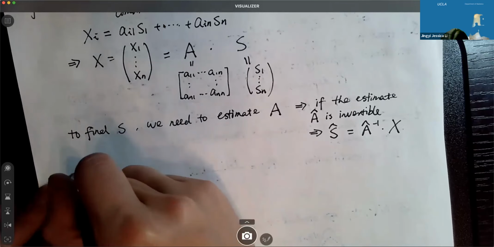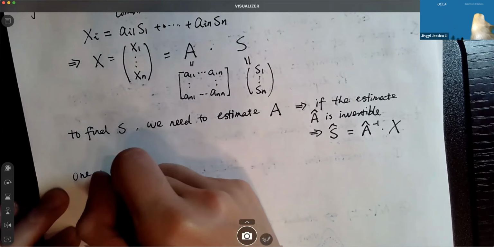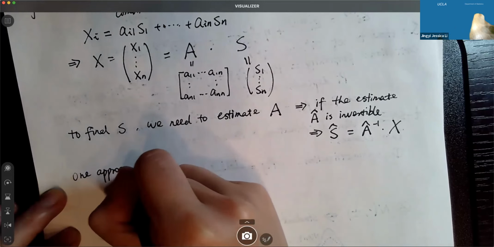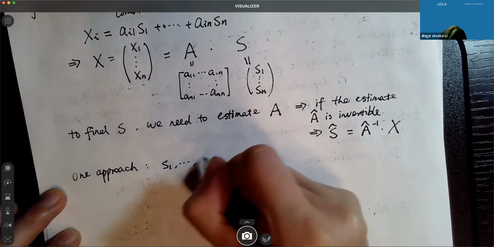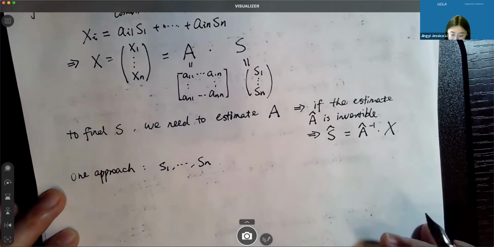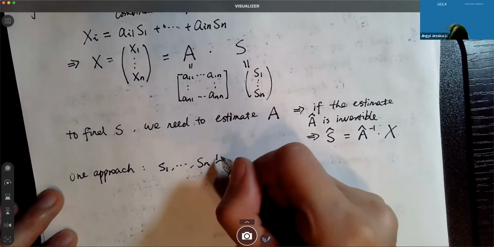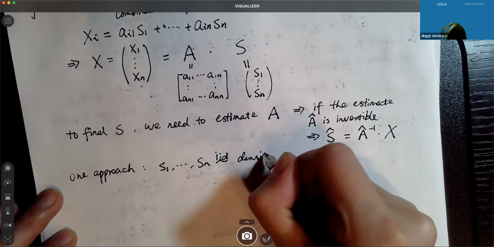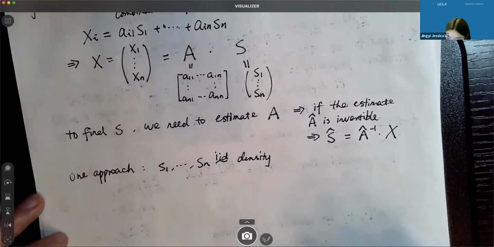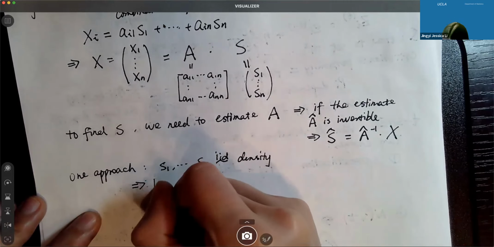So one approach is to assume S1 to Sn are independent and they follow some density function you specify. There are some common choices. And from that, you write down the likelihood.